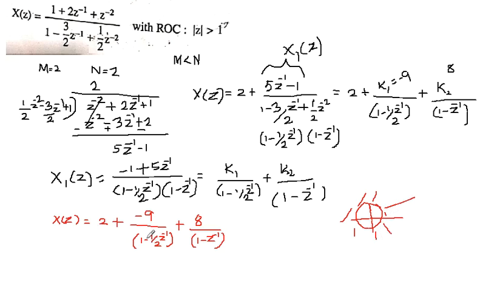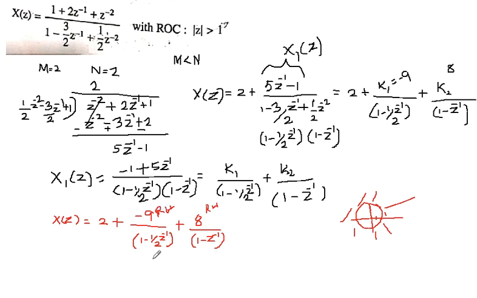So we have the two roots 1 by 2 and 1, and ROC is outside of that 1 by 2 as well as 1, so both are right-handed sequences. Even this is right-handed and the first one is also right-handed because it is 1 by 2.